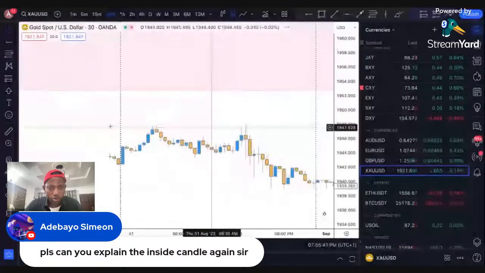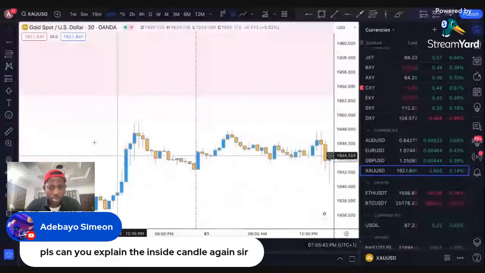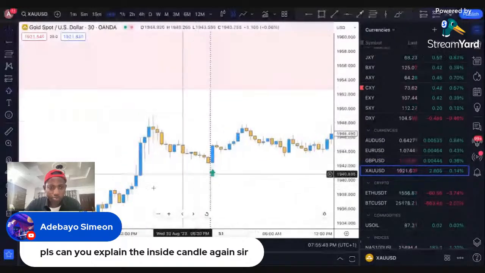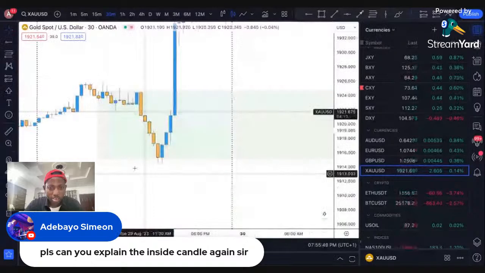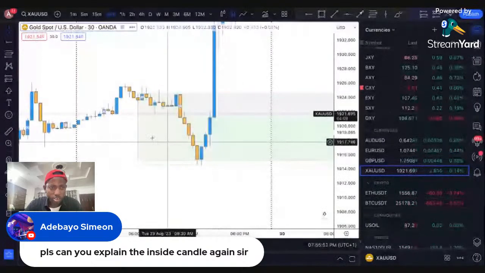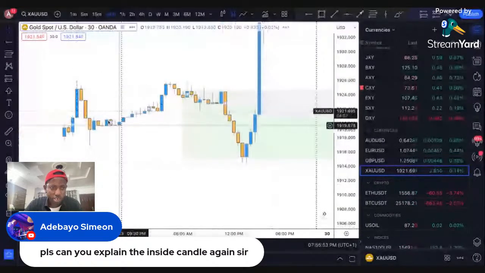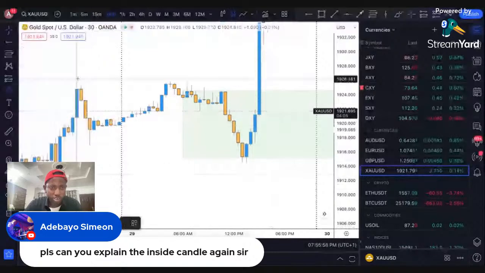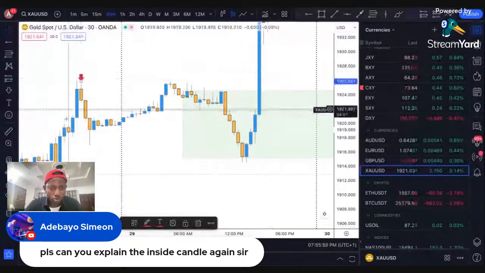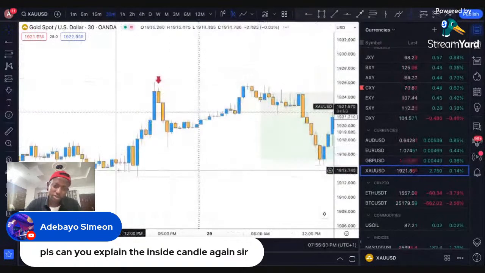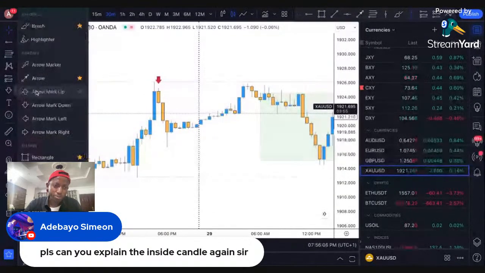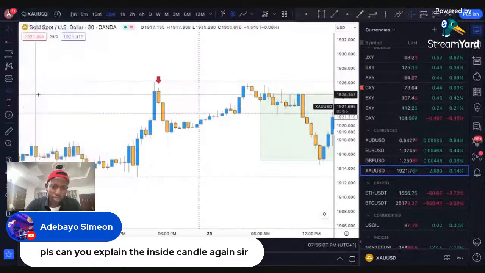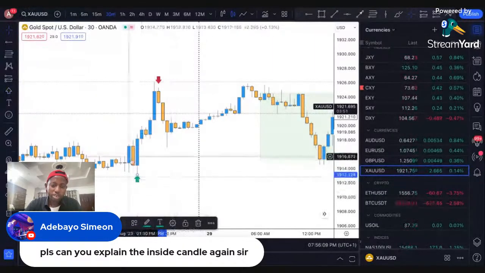This is bullish engulfing here. So I'm just showing you examples of engulfing and inside candles. This is another inside candle, a bearish inside candle. When I say bearish, the meaning of bearish is that they fall. They indicate a drop in price. This is a bullish engulfing here.